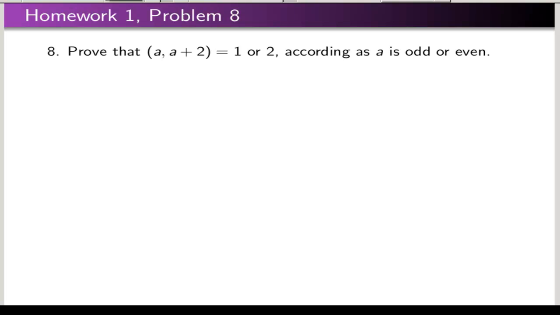Problem 8. Prove that the GCD of A and A plus 2 is 1 or 2, according as A is odd or even. And I would just remind you of one fact here, the GCD invariance property.